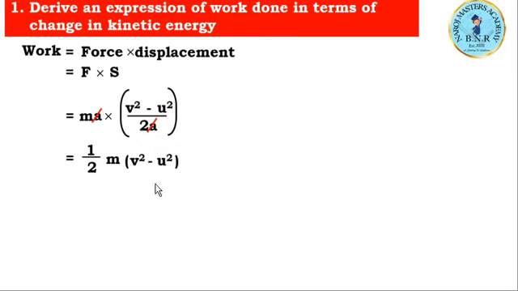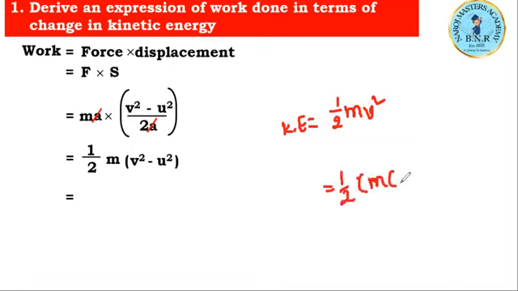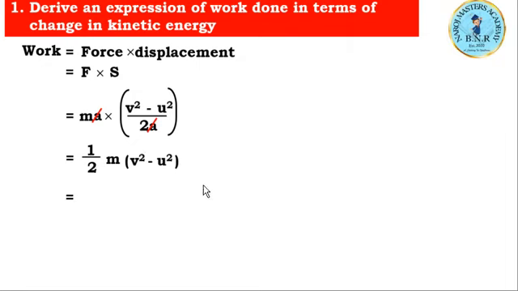So this is what we call kinetic energy. If there is a change in velocity, half mv square is the basic formula. If initial velocity is 0, then half m into v square is the kinetic energy. If initial velocity is there, then half into m into v square minus u square is what we call the change in kinetic energy. So this is the formula to find the change in kinetic energy.